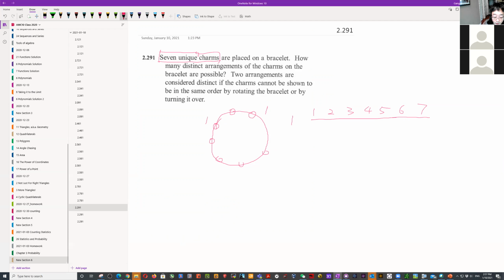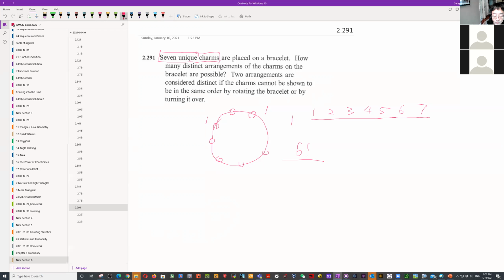You put it down, then you begin to label the relative positions of the remaining spots. The remaining spots are not labeled until the first item is put down. That's why it's 6 factorial.